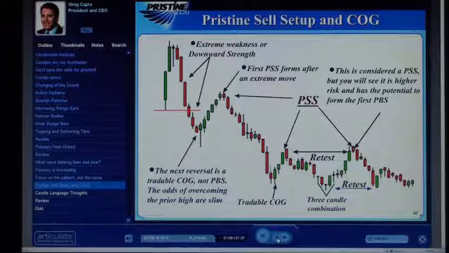This pattern suggests a move back up to retest a prior area of resistance. Now, the last pristine sell setup, you will see later on why this one has higher risk. Although it did decline from that prior high, when we get into retracement analysis, you'll see why this one had greater potential to begin to move higher from there, or the pristine sell setup had a prior probability of failing.